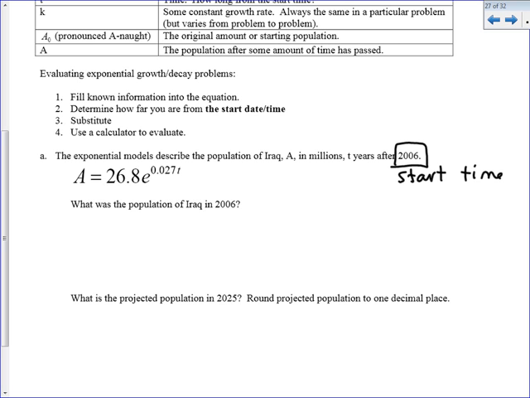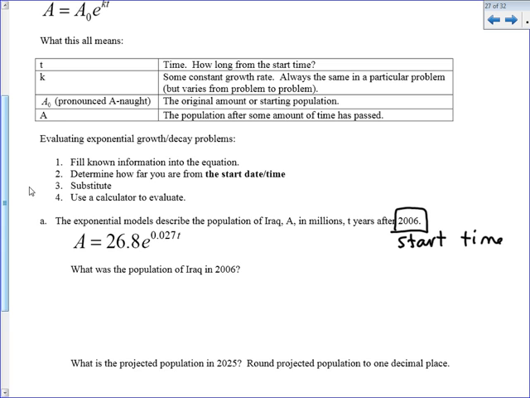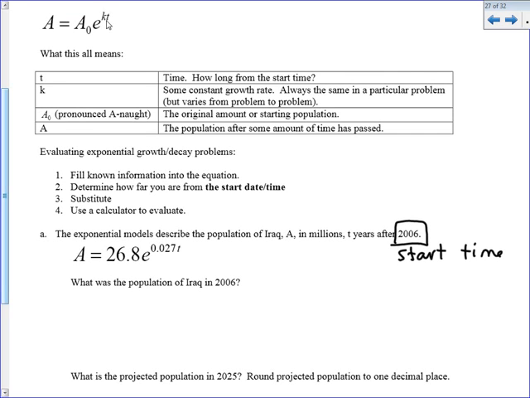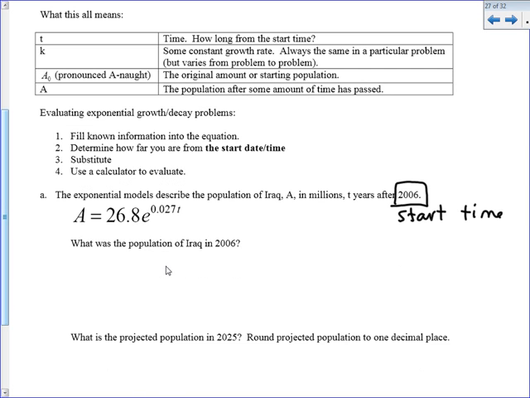Now this is a problem where you actually don't need to do any work if you know what the different numbers in your equation stand for. Or if you want work, there's a way to do work for it. So based on what we said, which number down here represents the starting population? 26.8. Whatever the number is in front of E, that's our A naught.